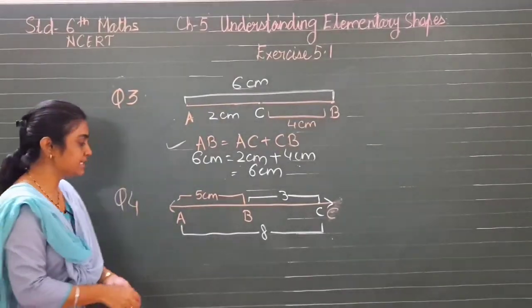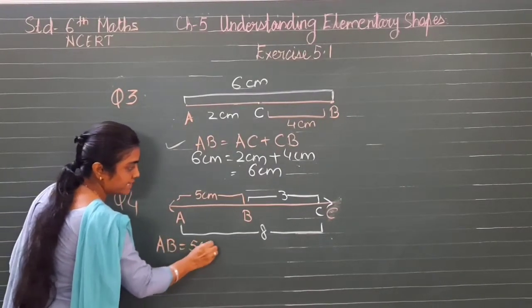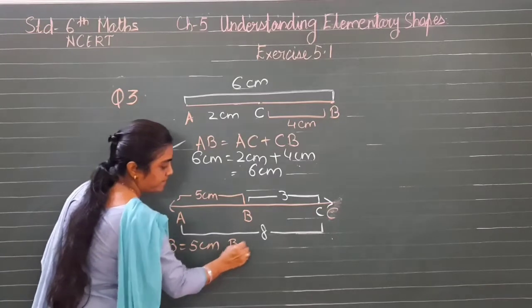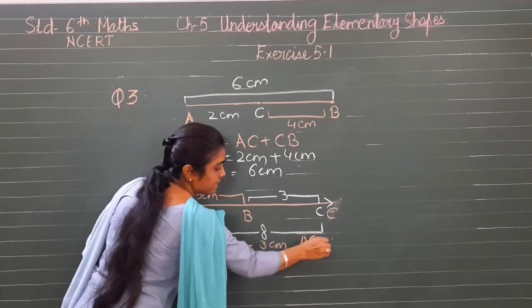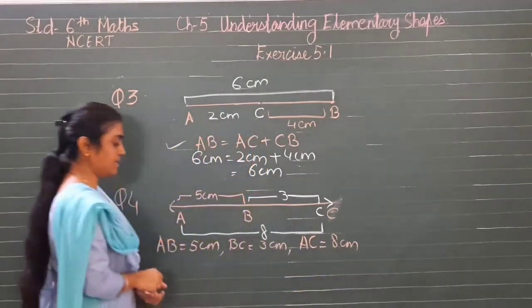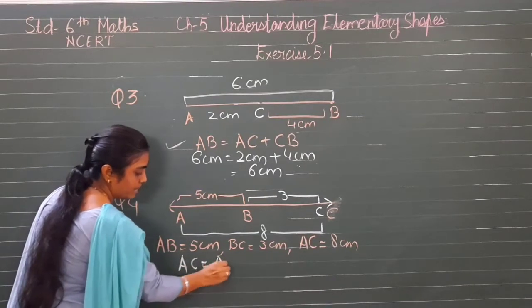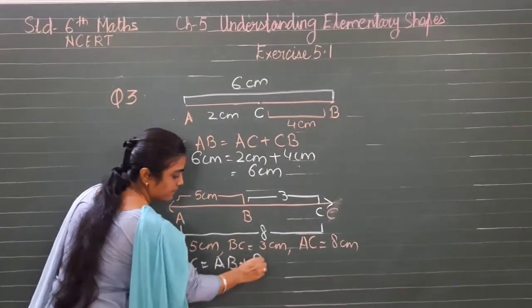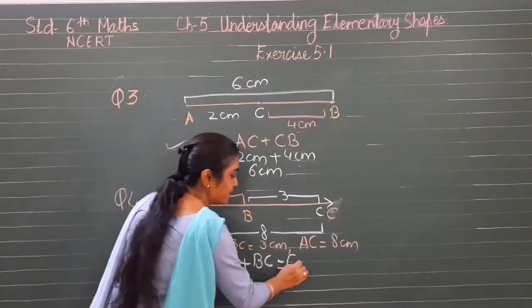Now here it is given AB is equal to 5 centimeter, BC is equal to 3 centimeter and AC is equal to 8 centimeter. Now AC is equal to AB plus BC. What is AB? It is 5 centimeter.